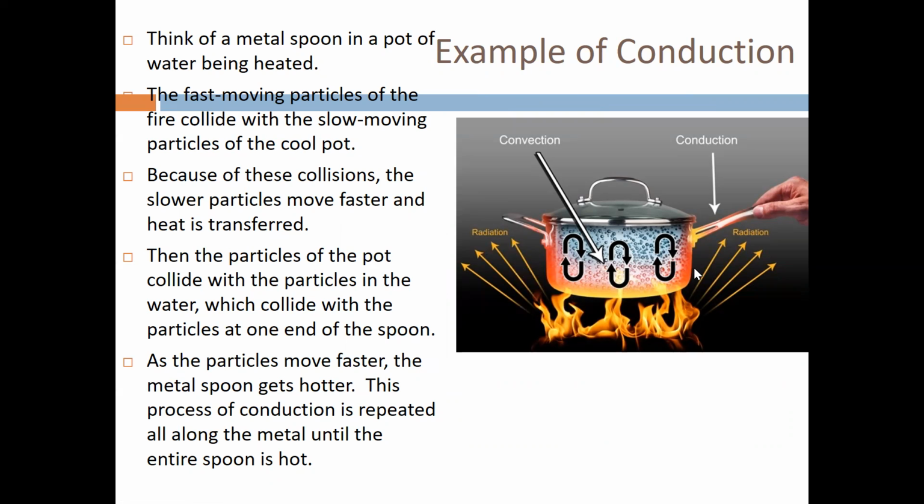In any continuous piece of metal, the particles are very close together, so the heat is transferred through those vibrations. Convection is occurring in the water of the boiling pot. You know that hot air rises, correct? And cold air sinks. We know that warm water has a lower density than cool water, and the more dense, the more it sinks.